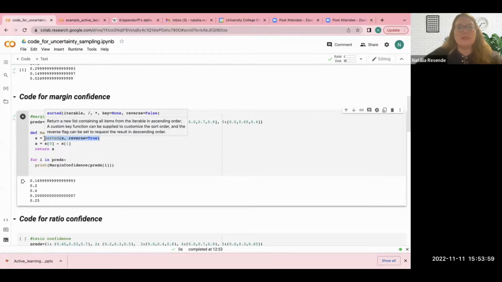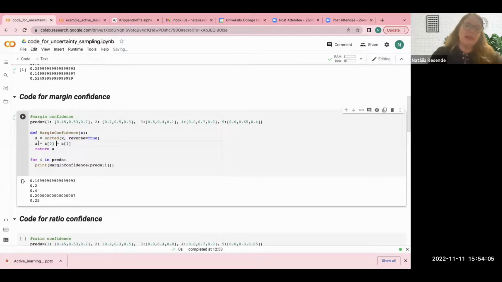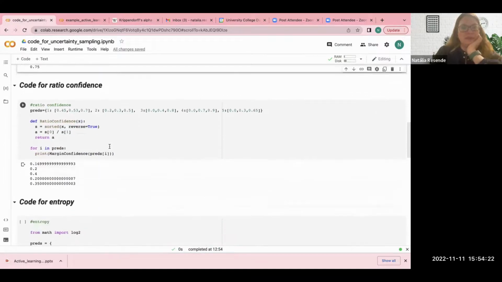And then we subtract the second one from the first one, right? And then what we can do is 1 minus this product, and then we get the scores here. Is that okay in terms of code?